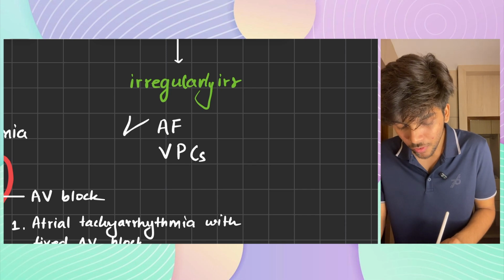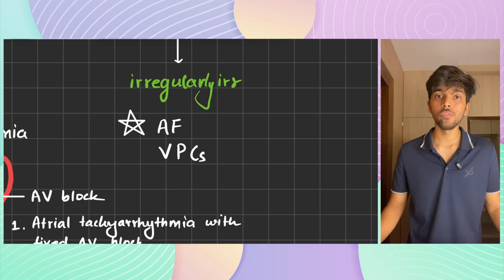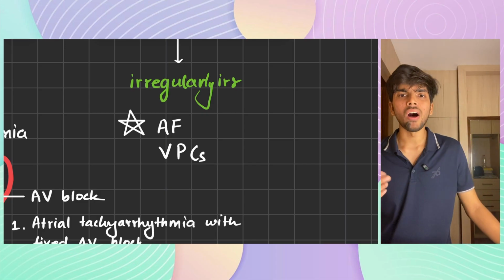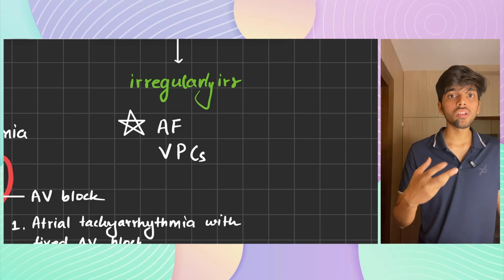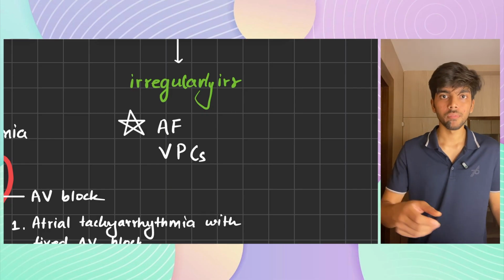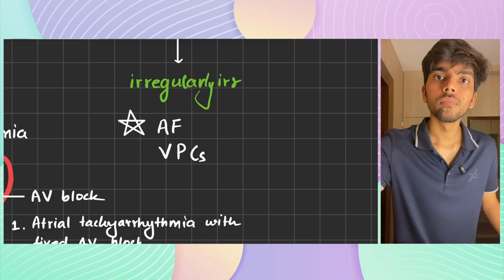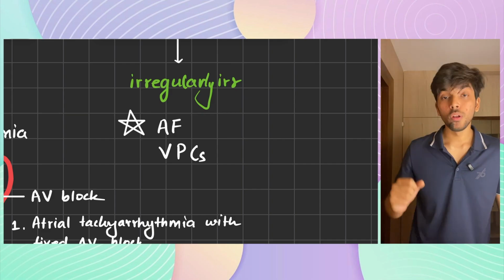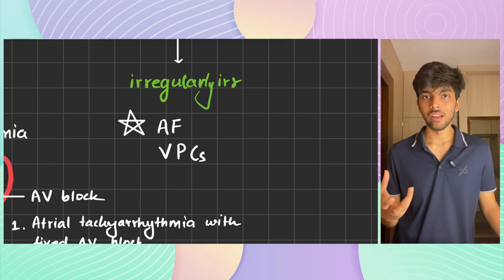I put a star in front of atrial fibrillation. That is because if you go to your ward, you'll find that lots of patients have valvular heart disease or structural heart disease, which is accompanied by atrial fibrillation. You'll find lots of patients with atrial fibrillation.